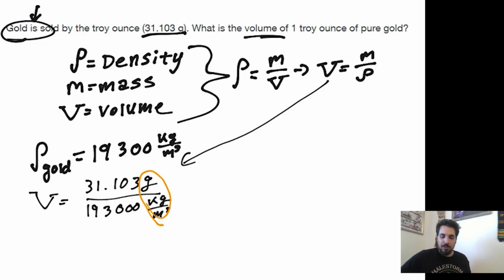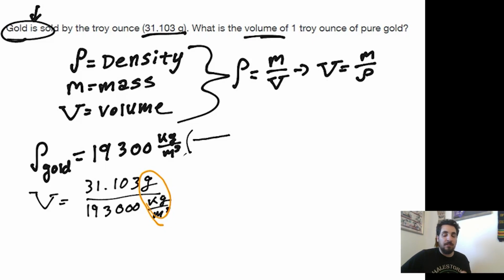For me, I'm actually going to convert the density. And I'm going to convert the density to be not 19,300 kilograms per meter cubed, but instead I'm going to convert it to the other unit that you will often see for density, which is a gram per centimeter cubed. So the first thing we want to do is convert it into centimeters, right?